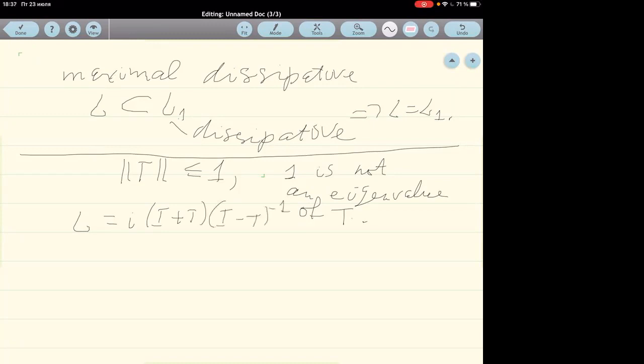This is a densely defined operator, and it is maximal dissipative. And the operator T can be obtained from L by the following formula. So there is a one-to-one correspondence between all maximal dissipative operators and all contractions for which 1 is not an eigenvalue.